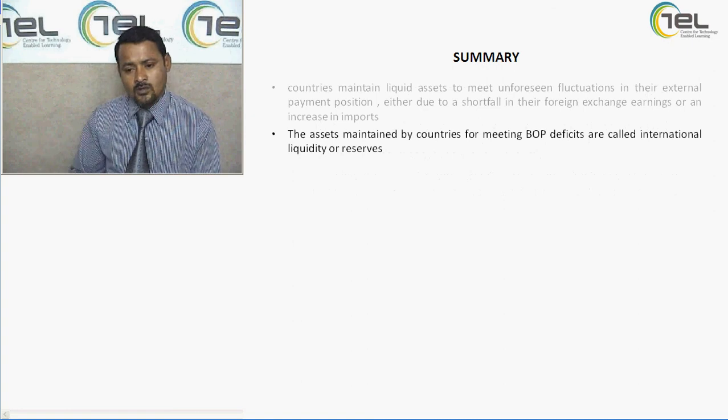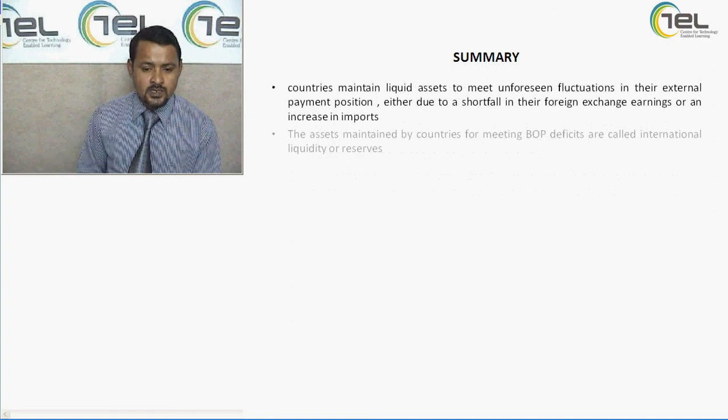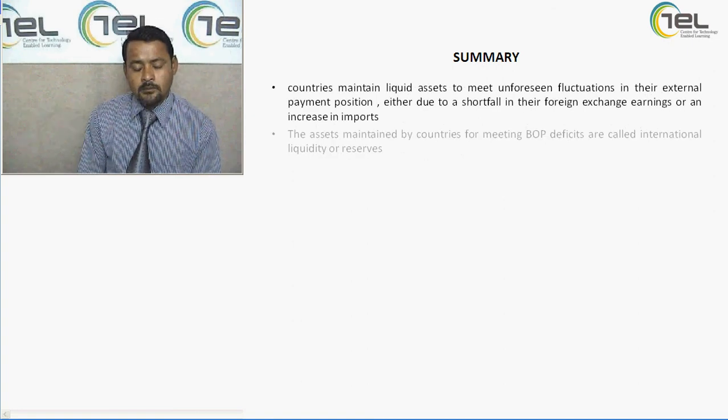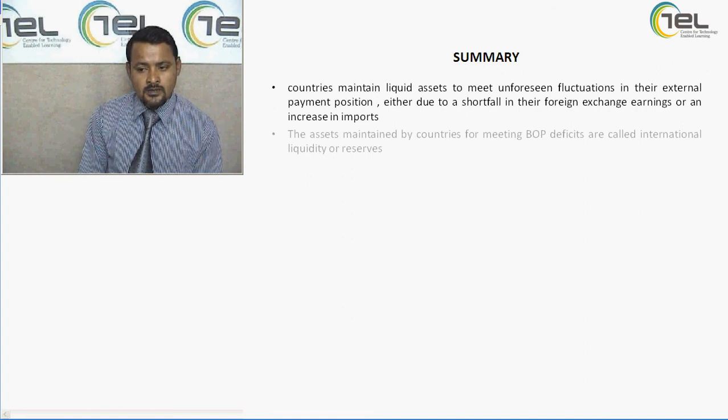Countries are always going to maintain liquid assets to meet unforeseen circumstances. These external payment positions, either favorable or unfavorable, will happen either due to a shortfall in foreign exchange earnings or an increase in imports.